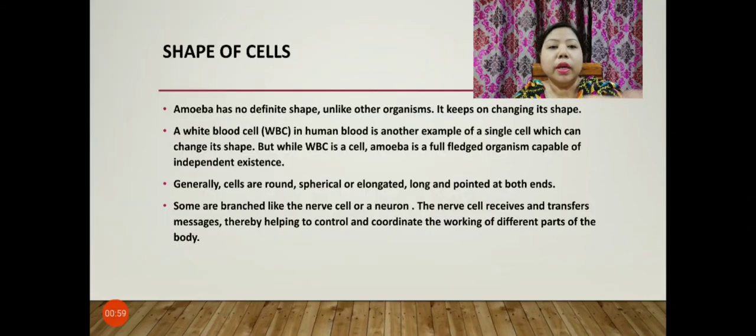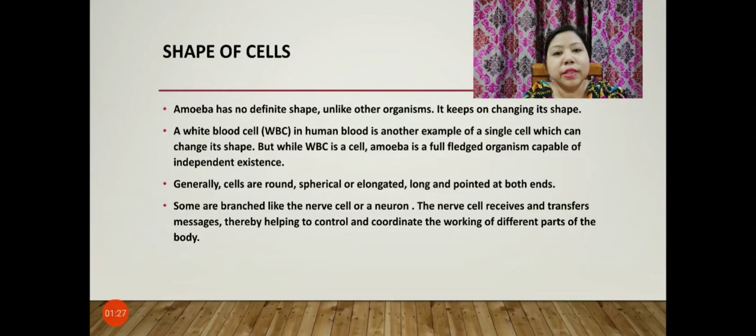Amoeba has no definite shape unlike other organisms. It keeps on changing its shape. A white blood cell in human blood is another example of a single cell which can change its shape. But while a white blood cell is a cell, amoeba is a full-fledged organism capable of independent existence.